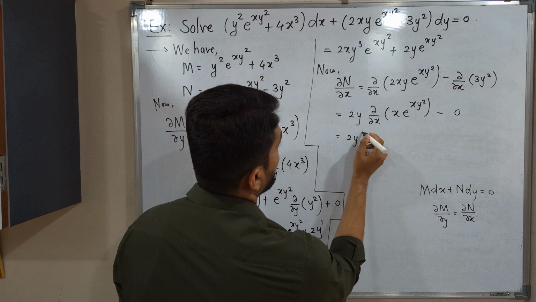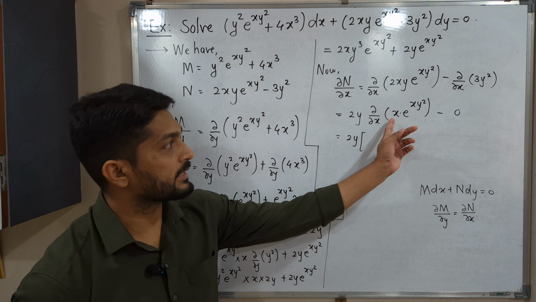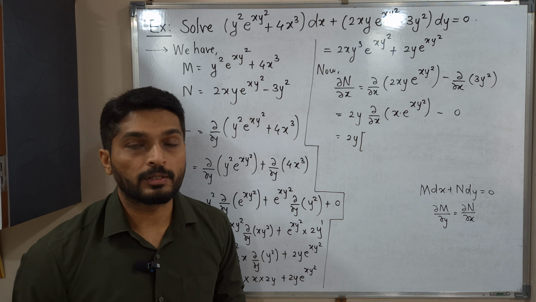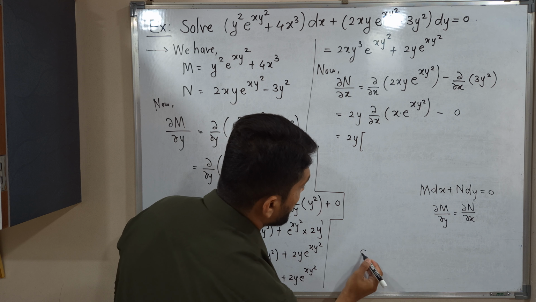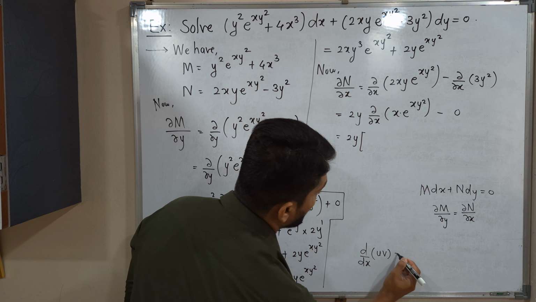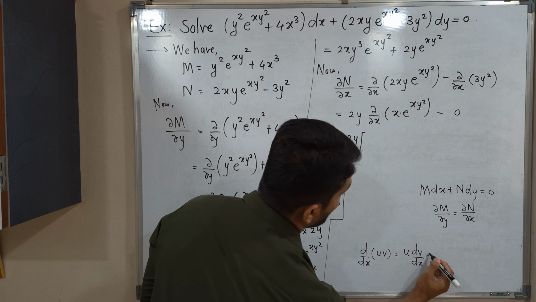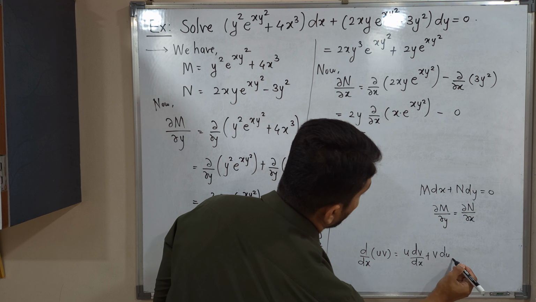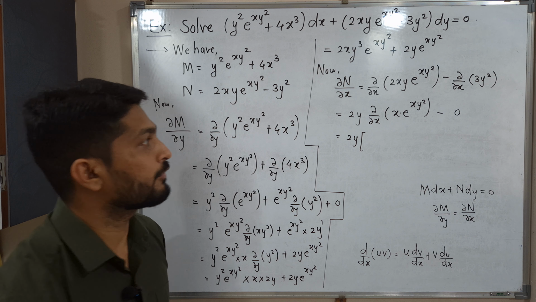So 2y, getting? Here there is a product of two functions, both functions of x, x and e raised to xy square. So here also I have to use the same rule again, the derivative of u into v formula. Tell me what is the derivative of u into v formula? u derivative of v plus v derivative of u, getting? First into derivative of second plus second into derivative of first.